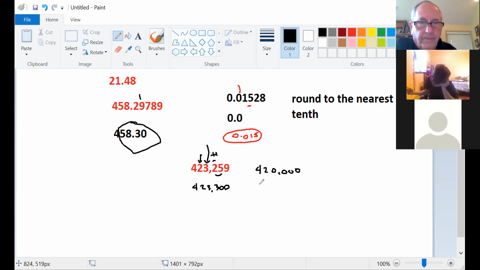So what's the answer? To the nearest thousands place, what does that look like? 4, 2, 3, 0, 0, 0. Exactly, okay. Does that make sense, Lucero? Yes. Okay. You guys got to understand that.